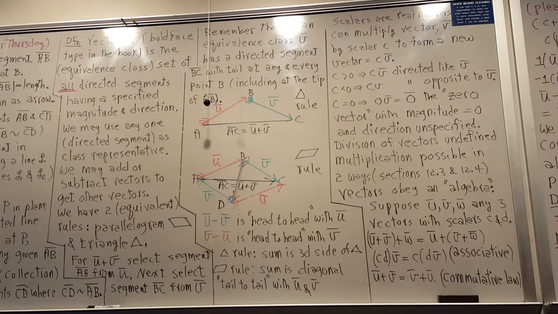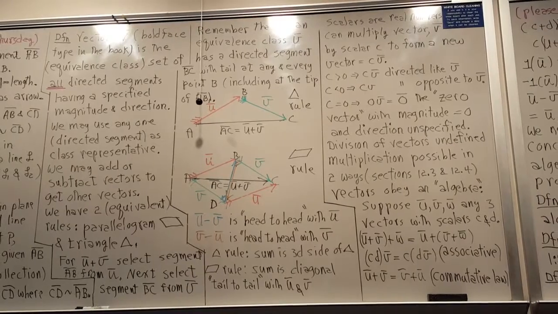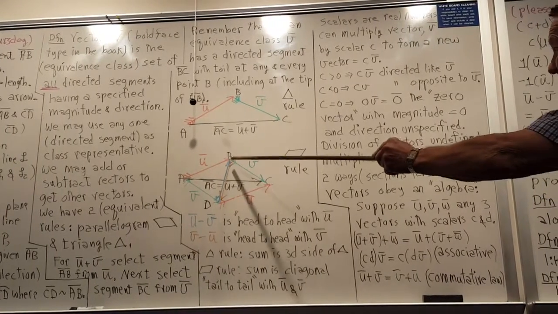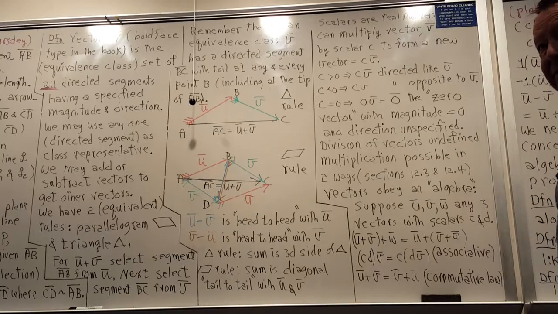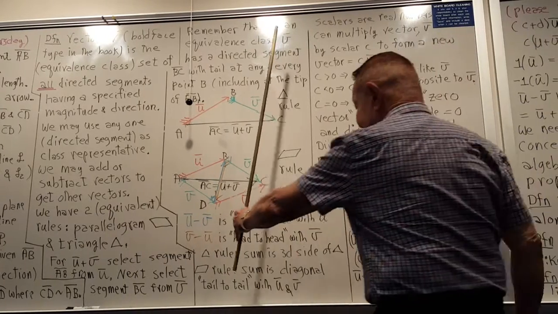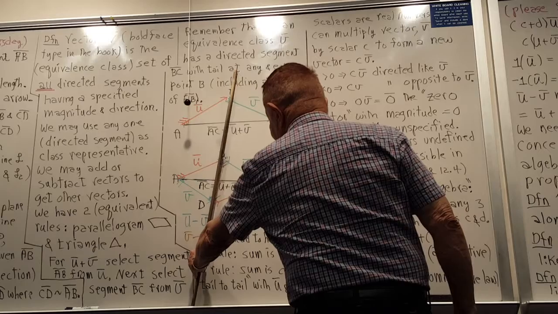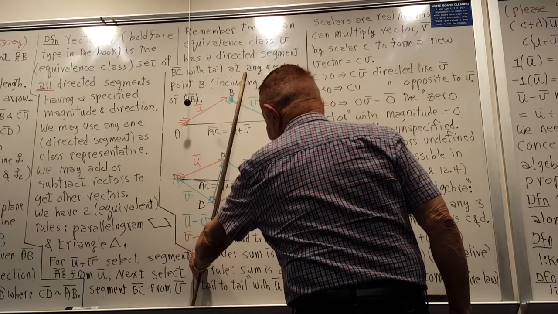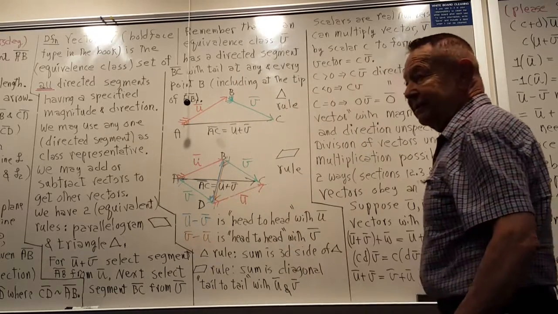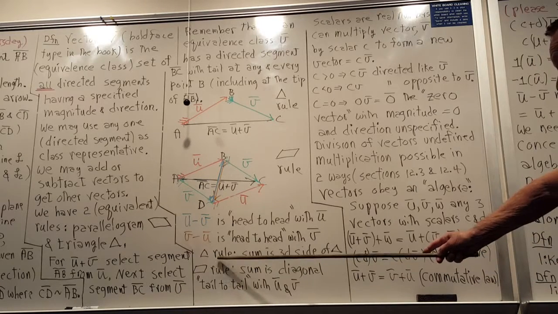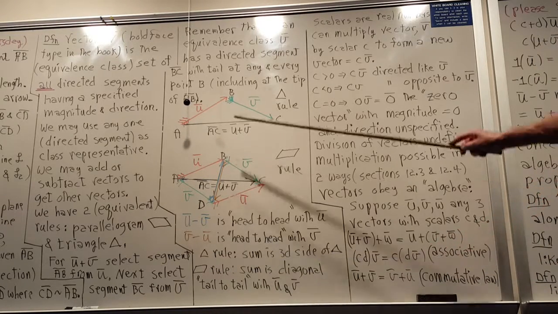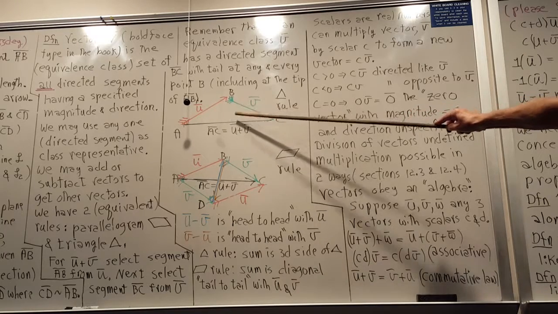So you notice that what we're saying is that one of them is the negative of the other one. They're both the same length arrow, but they're directed opposite. They're directed along the same line, which is where your diagonal is, but pointed opposite. So then in the triangle rule, the sum is the third side of the triangle.